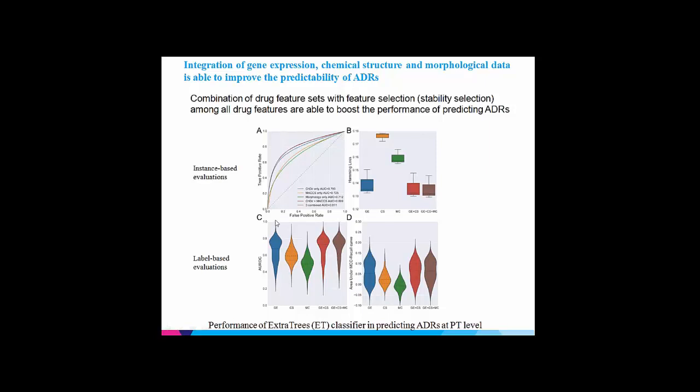Since there is 1/3 of the whole data set of that many drugs, I then use the macro averaging of those individual raw curves for each drug to generate this raw curve here. And for the label-based evaluation, I didn't actually plot the raw curves here.